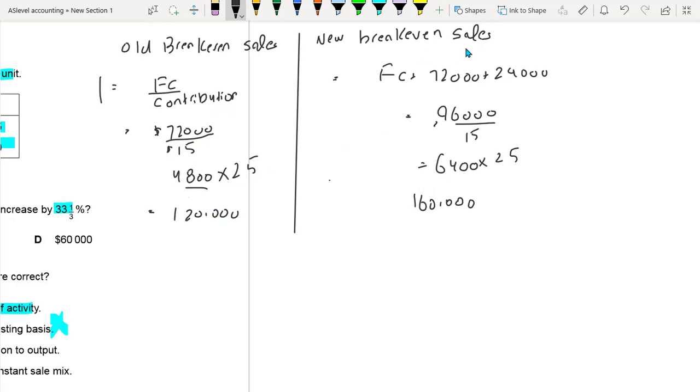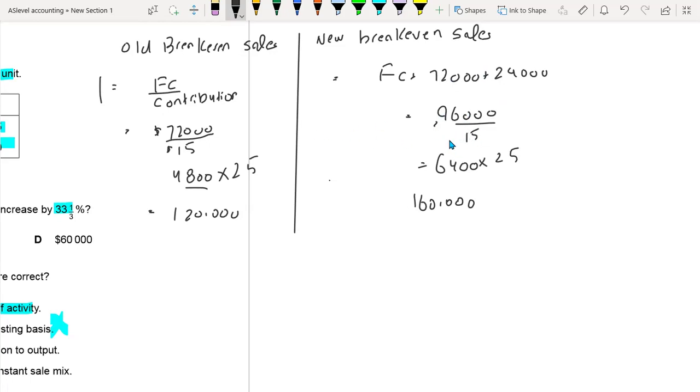Now let's see the new break-even. If you multiply 72,000 with 33.33%, you will get 24,000 fixed cost. Just add it, because we have to find what our break-even sales will be if the fixed cost increases by 33.33%. We are trying to find the increase in the amount of sales. So 72,000 plus 24,000 is 96,000 fixed cost, divided by contribution, which was 15.